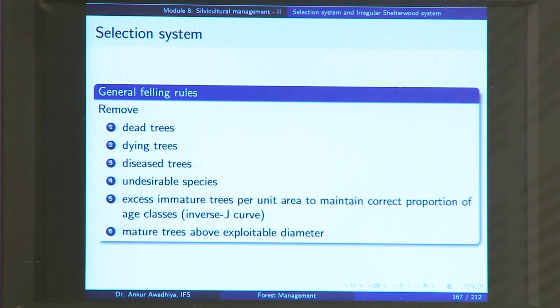To understand that, we will have to go back to why do we want to manage this forest. Now, remember that one silvicultural objective of managing a forest in the selection system is that you should be able to harvest and get your timber out of this forest till perpetuity.